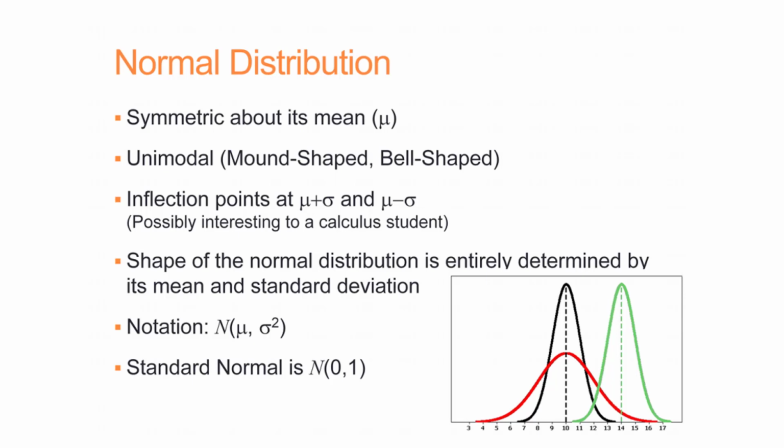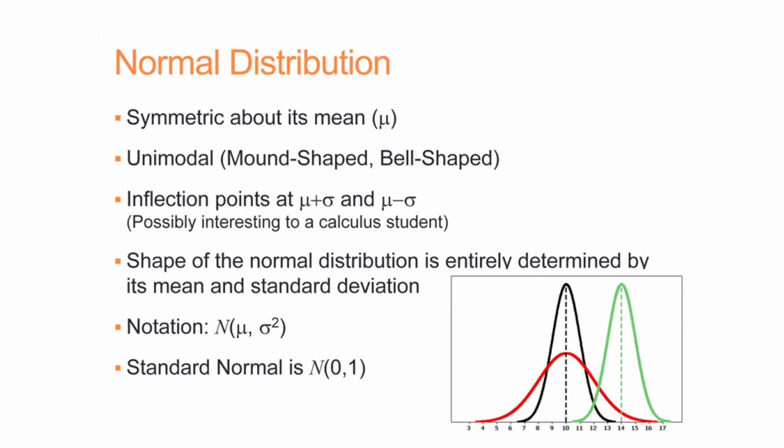The equation that provides the curve is completely determined by the mean and the standard deviation. Sometimes the notation N of mu and sigma squared is used, but generally we simply provide you with the mean and standard deviation in the problem description.